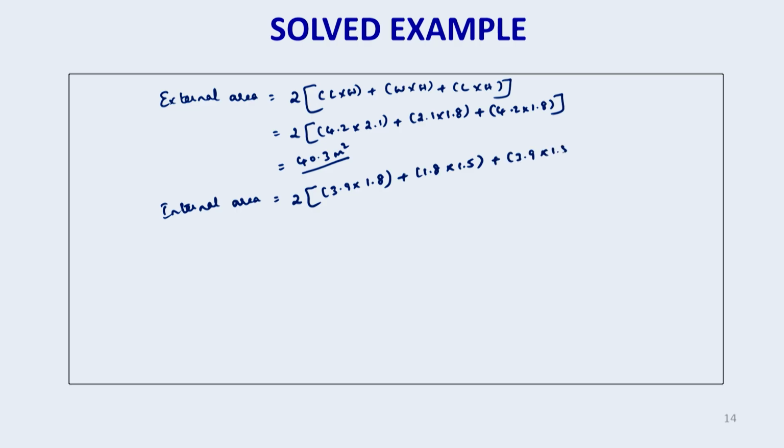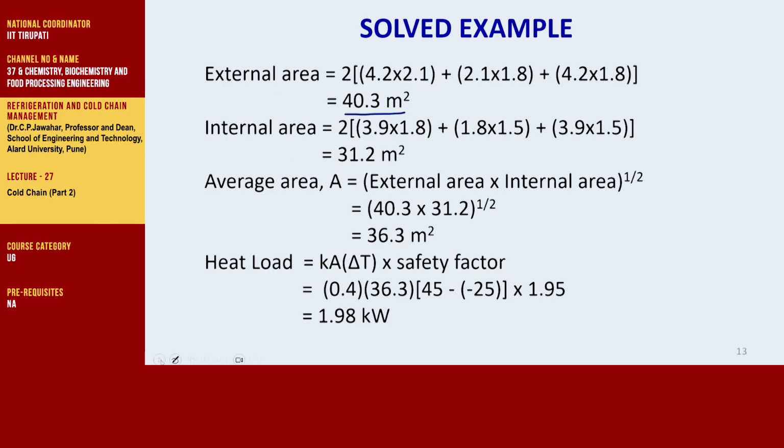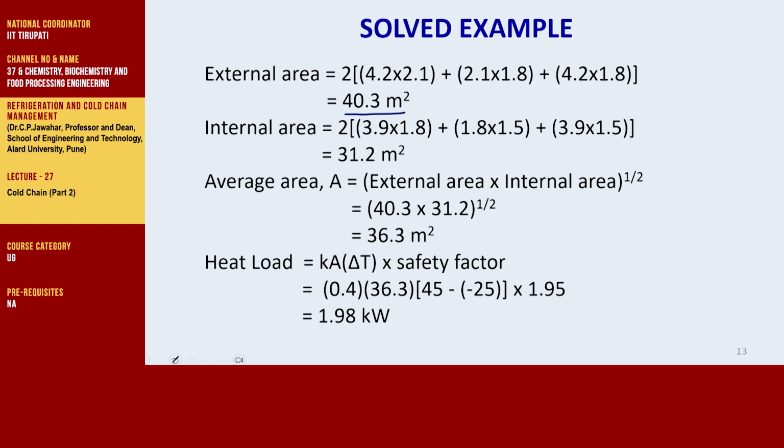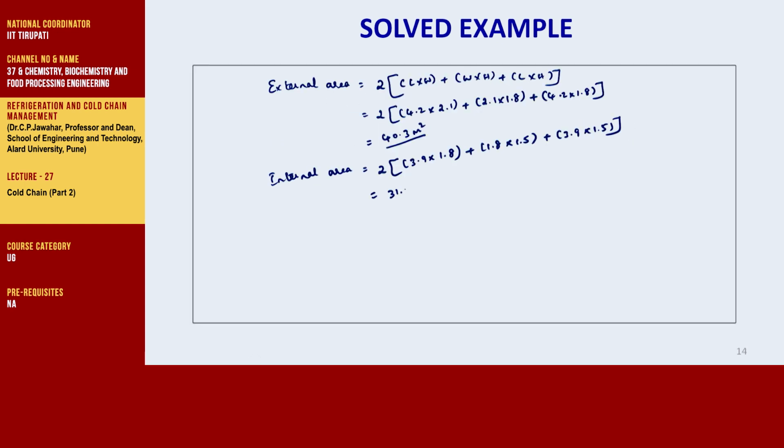So the internal dimensions are 3.9 into 1.8 into 1.5. This is the internal area, 31.2 meter square, obtained by subtracting the thickness of the insulation on both sides.